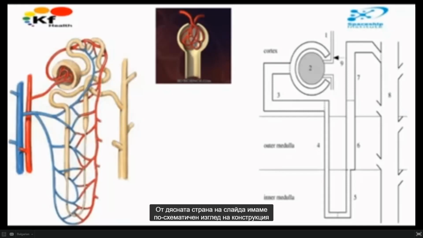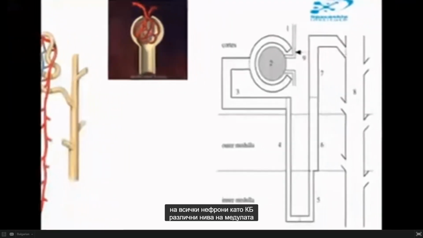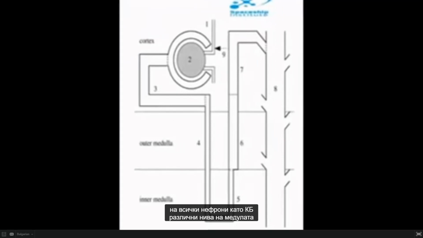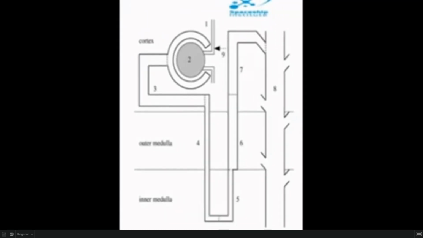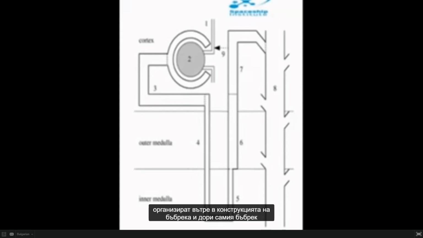On the right side of the slide is a more schematic view of the construction of all the nephrons, like the Bowman capsule and different levels of the kidney: cortex, outer medulla, inner medulla, and how the different kinds of tubules are organized inside of the construction of the kidney.